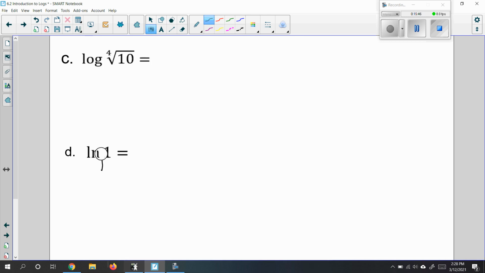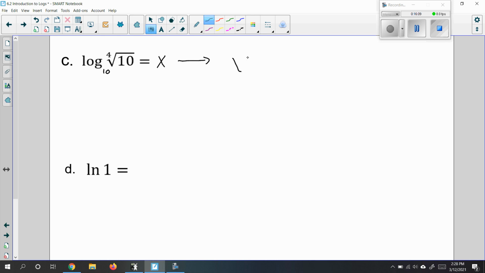Let's evaluate some of these. Log of the fourth root of 10. Again, this is log base 10. And that's equal to some unknown number x. Well, let's switch this into exponential form. 10 to the power of x is equal to the fourth root of 10.